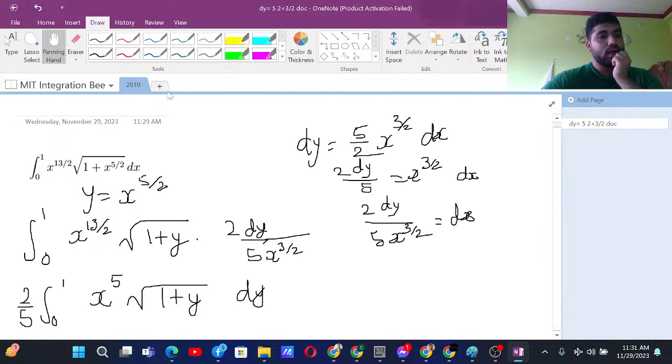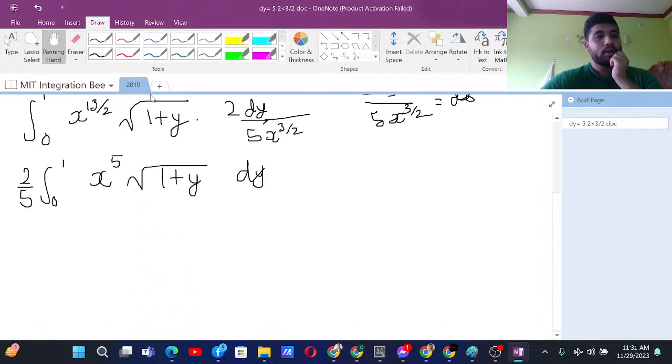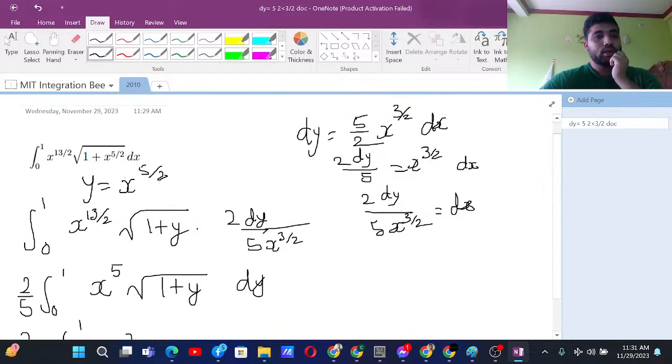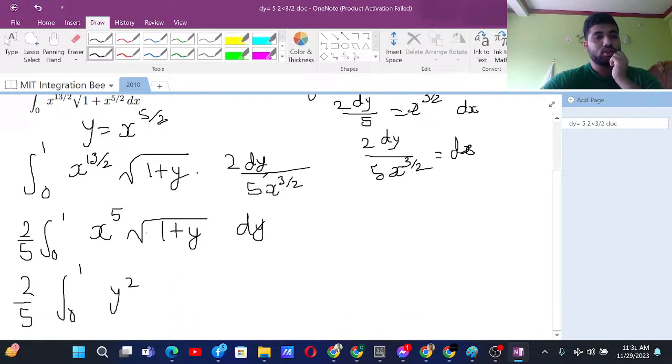Okay, I got it. Now we will try to write that x to the power 5 in terms of y. So that gives us 2 by 5 integral from 0 to 1. This will be just y square. Since y equals x to the power 5 by 2, we will have y square equals x to the power 5, root under 1 plus y dy.